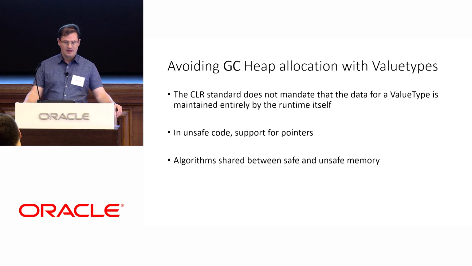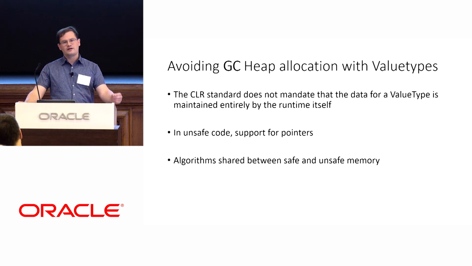On top of the heap allocation reduction, we can remove GC heap allocation. We don't mandate that value types exist at any location in memory that the VM controls. And so we have general purpose heap allocation APIs in the .NET API surface. You can just allocate memory and return it as a pointer, access that memory via unsafe code.